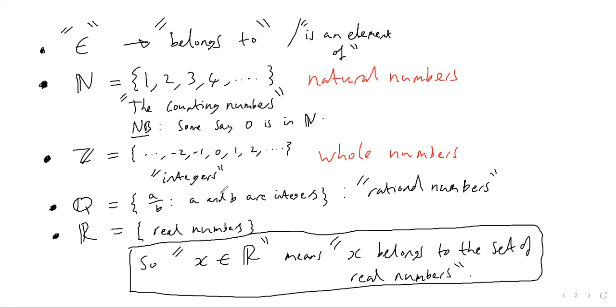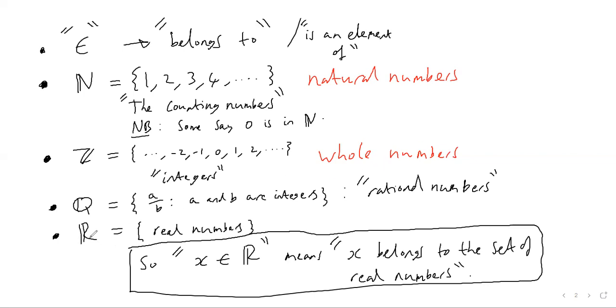For example, the number 1 is a rational number. The number 10 is a rational number, but also the number a half, the number 199 over 200, and the number negative 199 over 200 are rational numbers as well. So any number you can turn into a fraction.